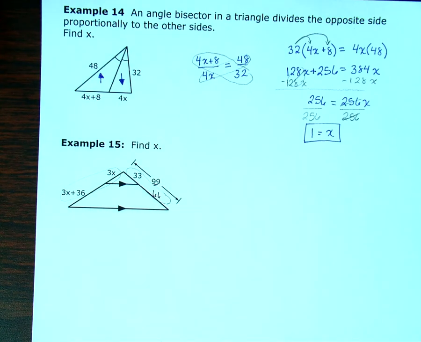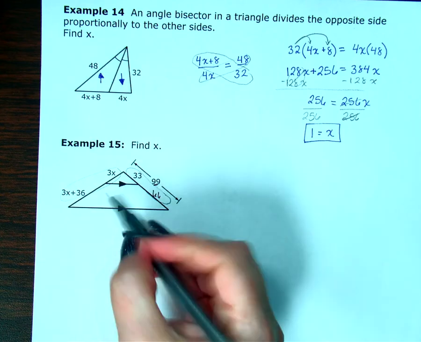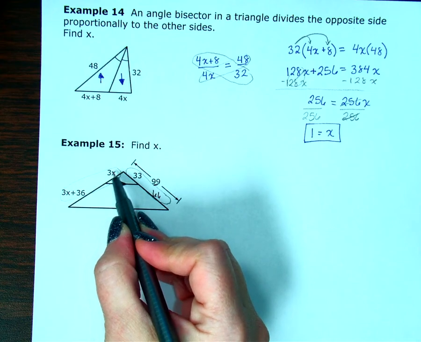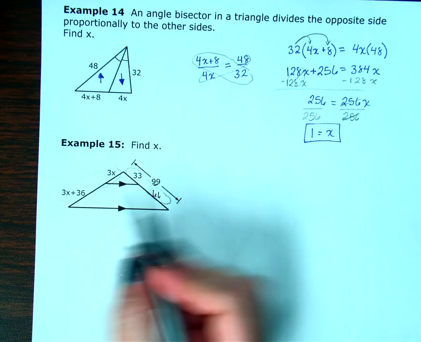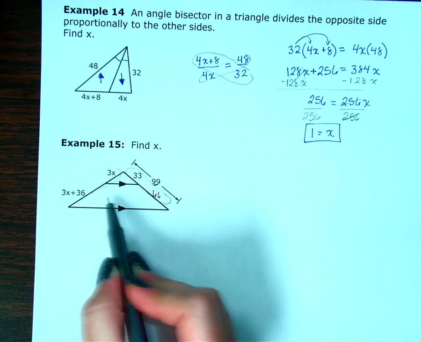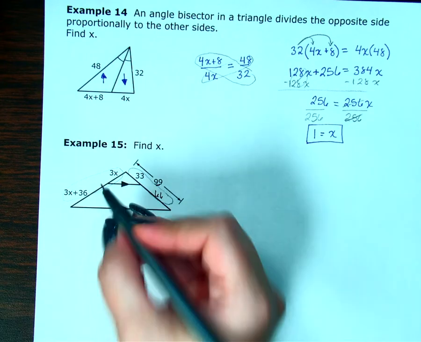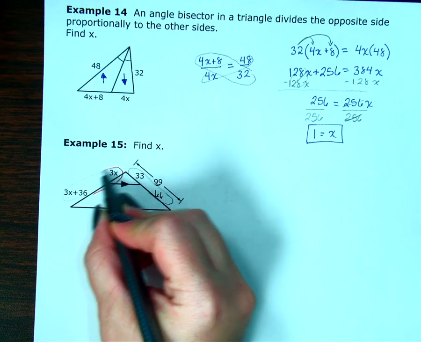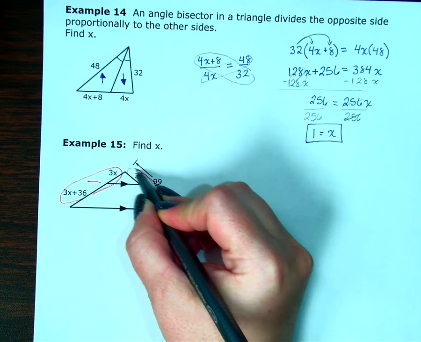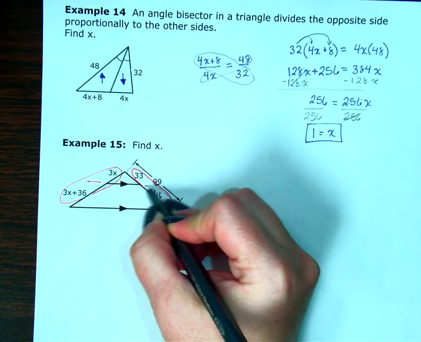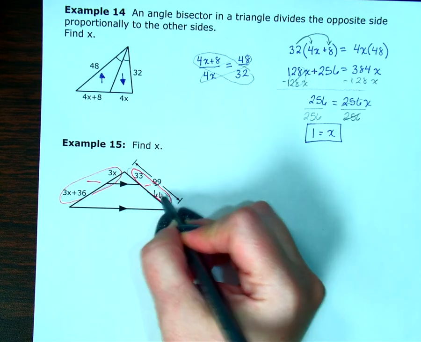Now that I've done that, I can set up my proportion, and as long as I stay consistent, everything should be great. I can either do the top left over the bottom left equals the top right over the bottom right, or I can set my proportion up side to side. Since I already have them circled like this, I'm going to make this one fraction and this one the other fraction, top over bottom, top over bottom.